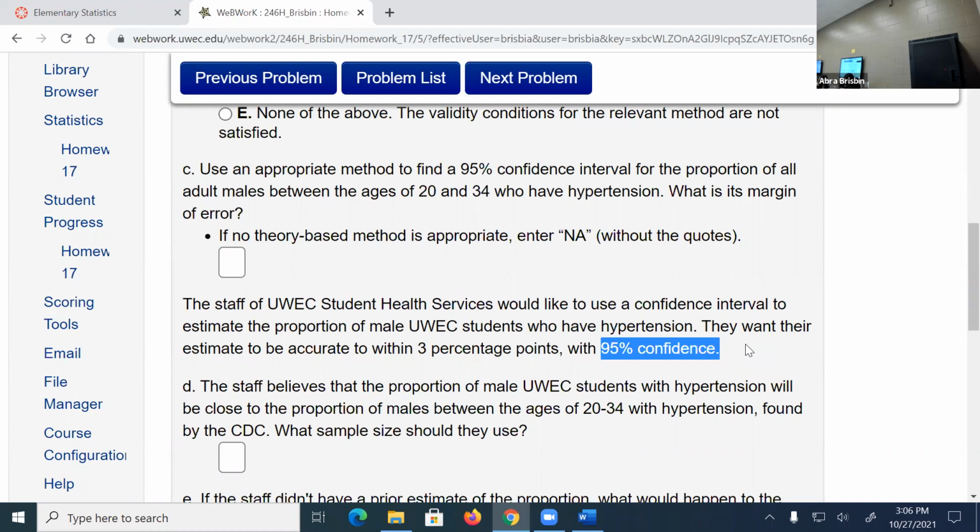So what calculator function are we going to use to find the threshold, the cutoff value that gives us that? Inverse norm. Yeah, so we can do inverse norm of 0.025 or of 0.975 to get the upper threshold.